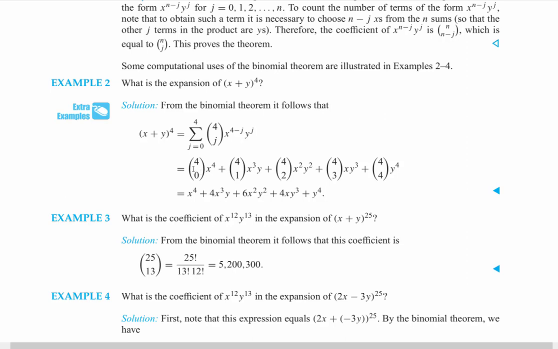Working out these binomial coefficients, we get a 1, a 4, 4 choose 2, that's 4 times 3 over 2 times 1, that's 6, 4, and 1.